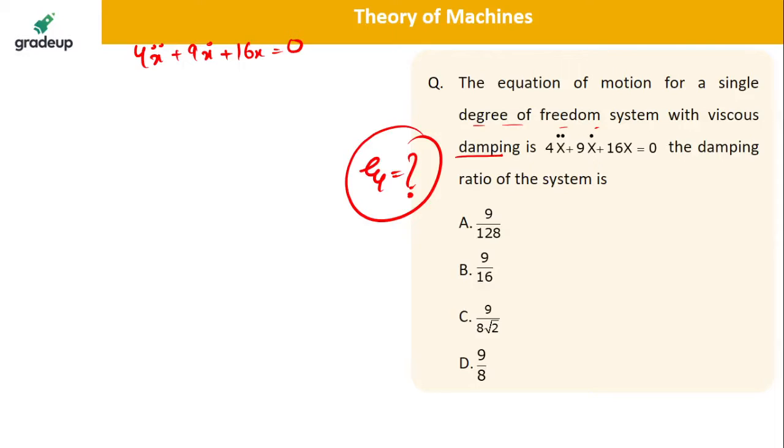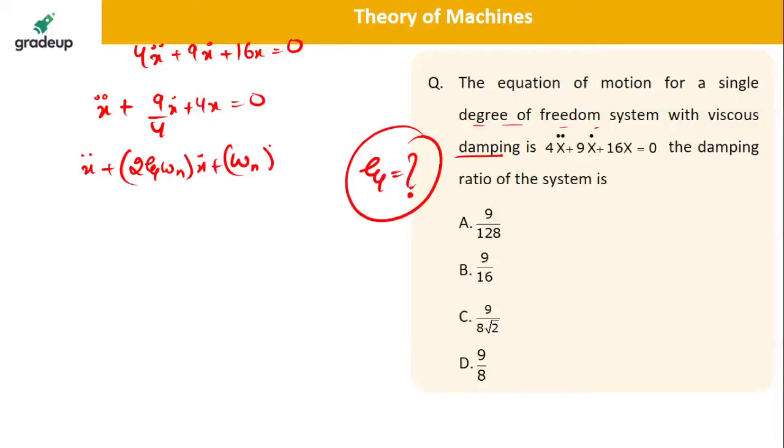What is the value of damping ratio zeta? So we can compare this with the generalized standard equation. Dividing by 4: x double dot plus 9 by 4 x dot plus 4x equal to 0. The standard form is x double dot plus 2 zeta omega n x dot plus omega n square x equal to 0.